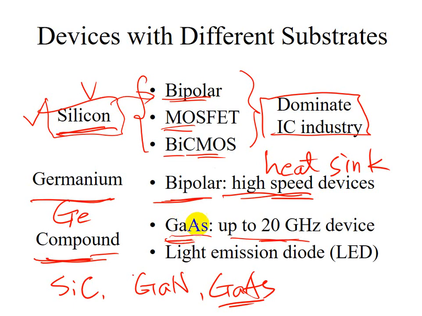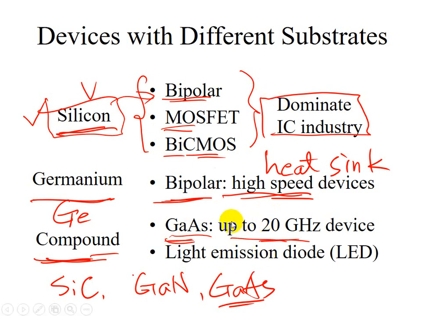Electrons move approximately 4 to 5 times faster in gallium nitride compared to in silicon. So you can have higher speed communication application for gallium nitride.